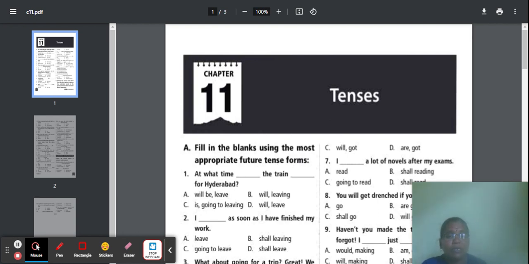Next, future perfect continuous. Here will have plus been plus main verb plus ing. I will have been driving a car. We will have been driving a car. You will have been driving a car. He will have been driving a car.